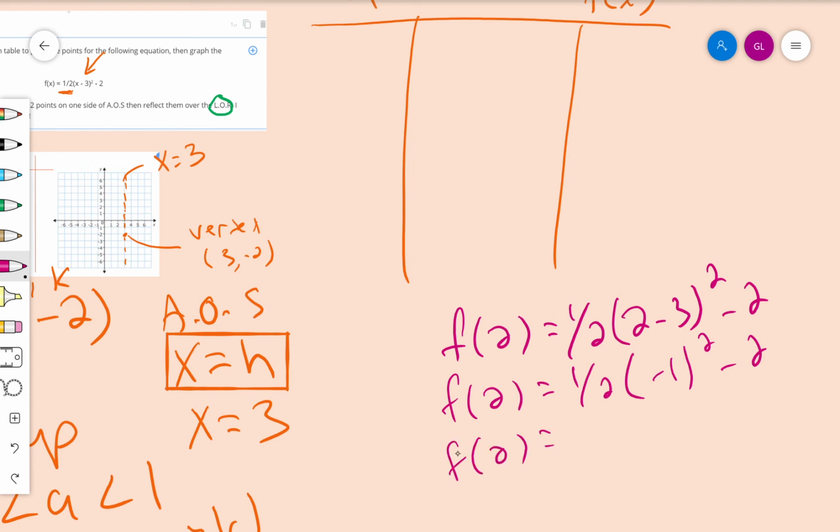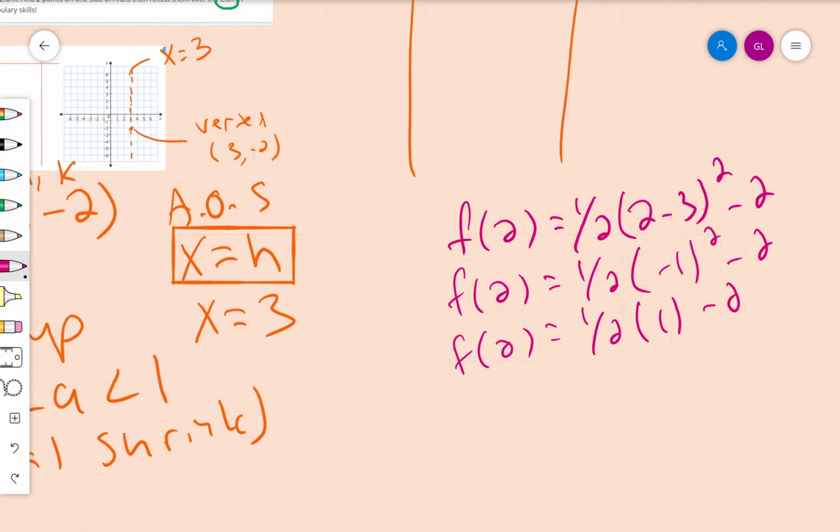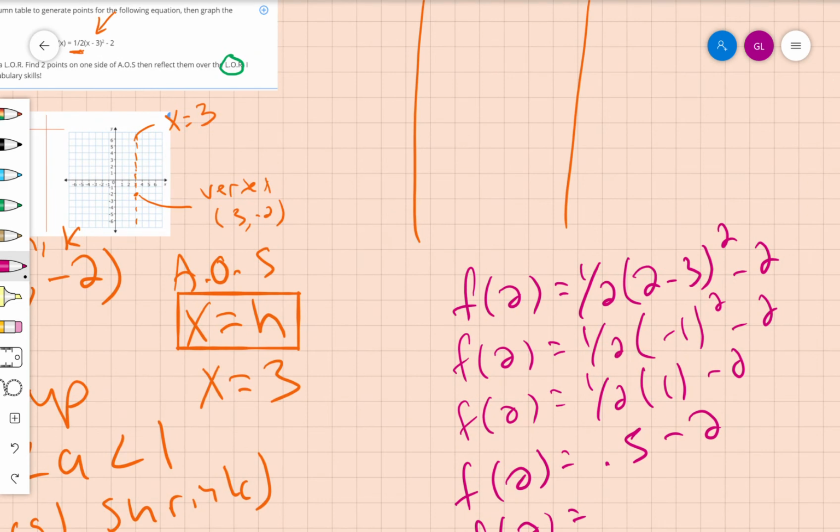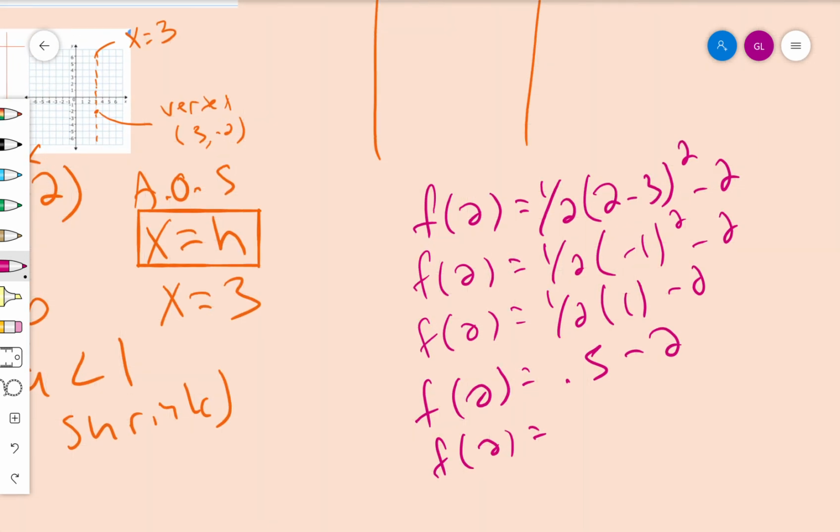F of 2 equals a half of 1 minus 2. Half of 1 is going to be 0.5, minus 2. Let me see, did I do something wrong here?